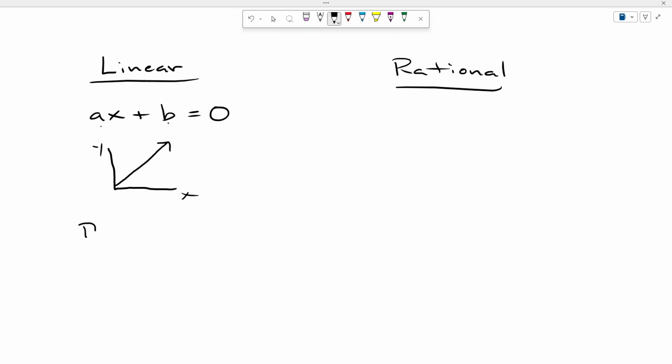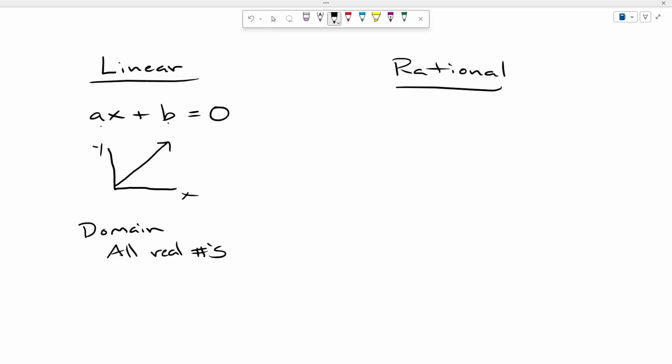And for our domain, we'd be looking at all real numbers. Unlike with the rational equations and the denominators, we wouldn't have restrictions. All real numbers would work. So with just a basic linear equation, we wouldn't have to worry about checking for a domain.